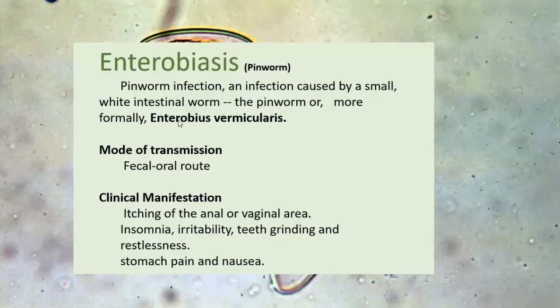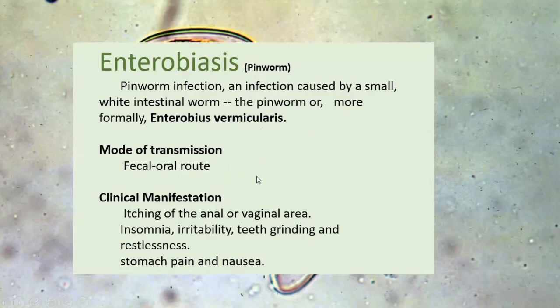Then the next type is Enterobiasis, which is also a pinworm infection, caused by a small white intestinal worm, or more formally the pathogen Enterobius vermicularis. The mode of transmission is the fecal-oral route.